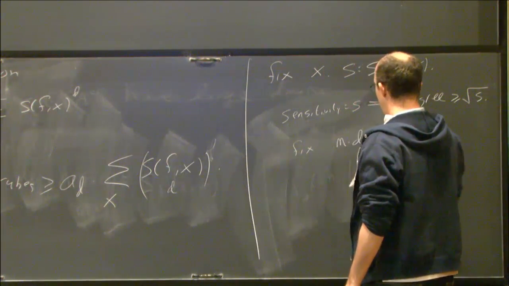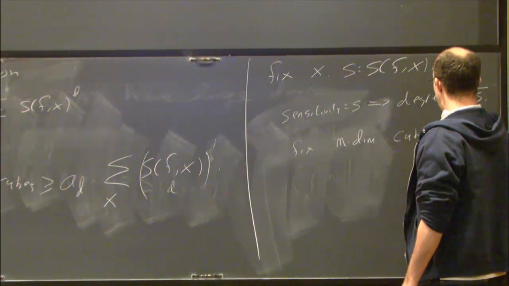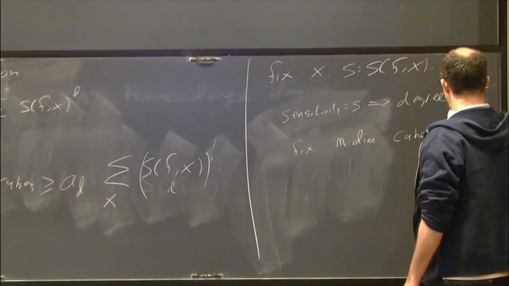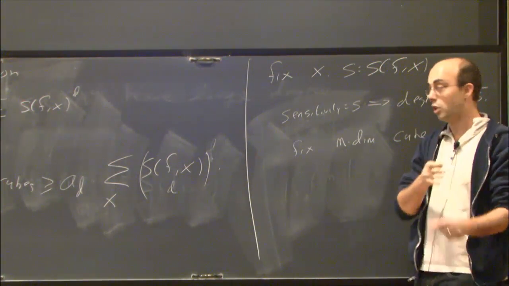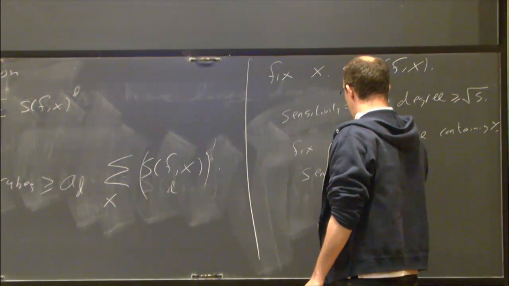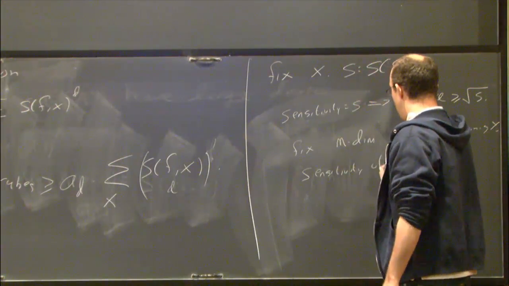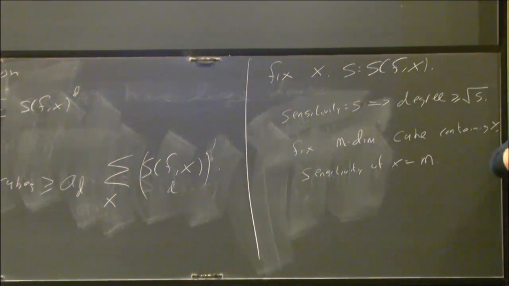So let's fix some m-dimensional cube, where m is a parameter I'll optimize over later, containing x. It's some face of some larger dimension. The sensitivity of x in it is m, because it's sensitive to all directions. If I fix some directions, it is sensitive to all the rest.